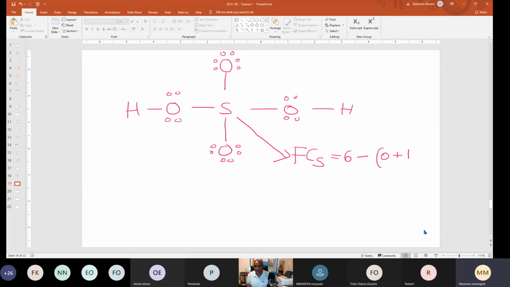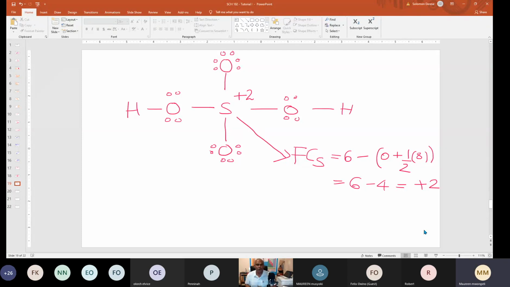Plus half how many bonding electrons do you see? 8. So this will be 6 minus 4, positive 2. The charge on the sulfur is positive 2.